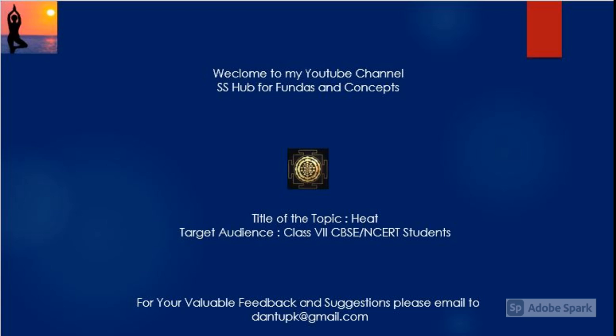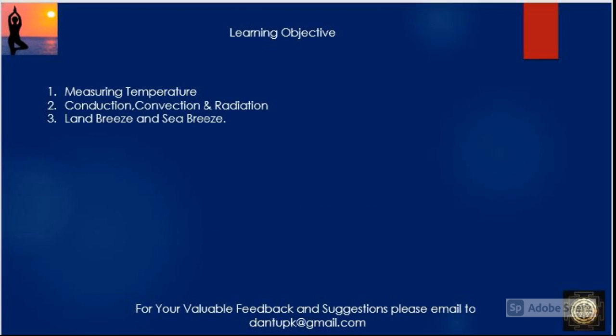Our today's topic is heat. In the previous chapters, you learnt that woolen clothes are made from animal fibers. You also know that cotton clothes are made from plant fibers.